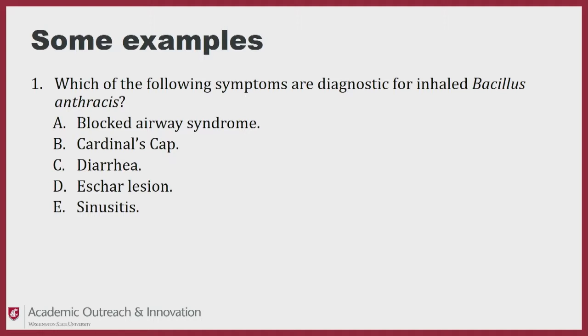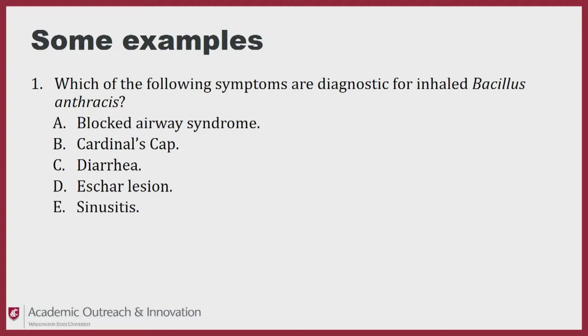And anthrax kills people pretty effectively, but it depends on how you get it, right? So these are actually a number of the symptoms associated with anthrax. You can get Cardinal's cap, you can get an Eschar lesion, both from anthrax. Cardinal's cap is inhaled, and that's the correct answer here. Eschar lesion would be a cutaneous anthrax infection.